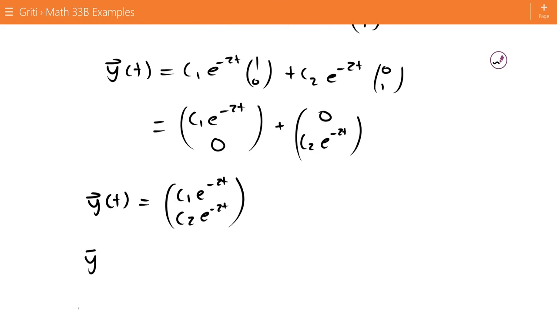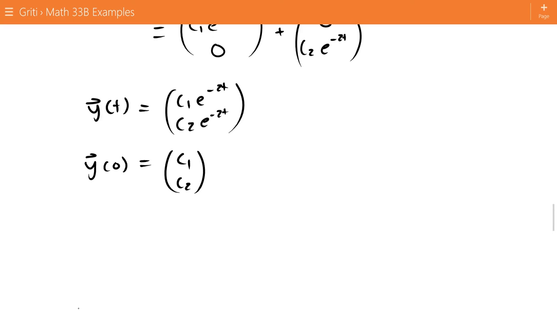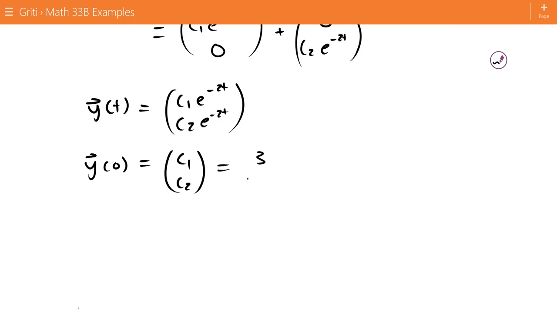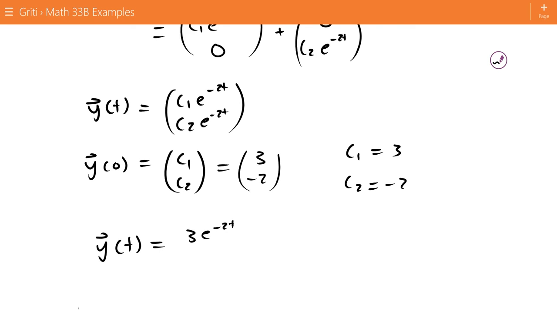If we plug in our initial condition y(0), we get c1, c2, because these will just become 1. And we know this equals (3, -2) by the problem introduction, so c1 equals 3, c2 equals -2. So our particular solution is then (3 e to the -2t, -2 e to the -2t).